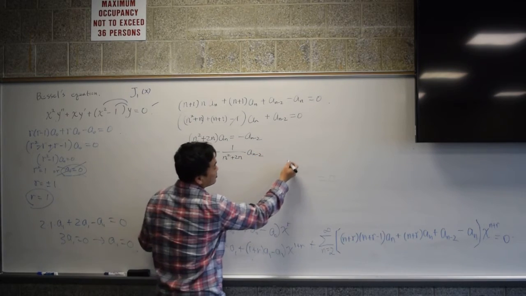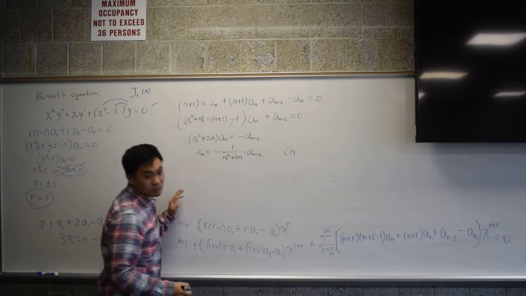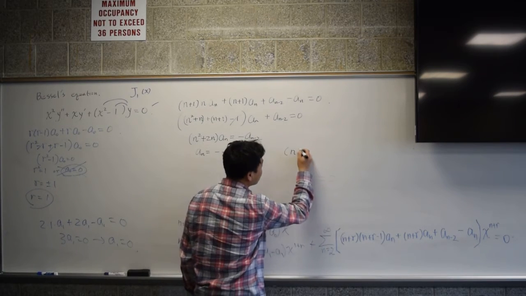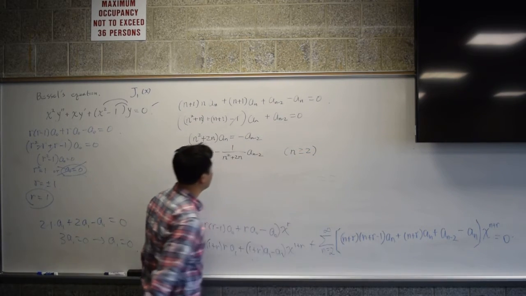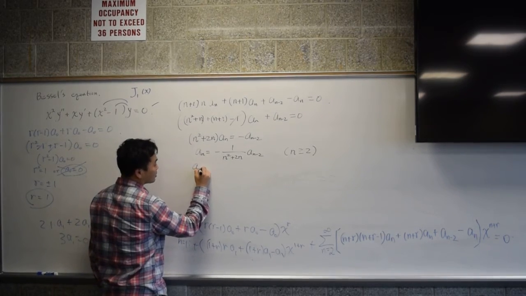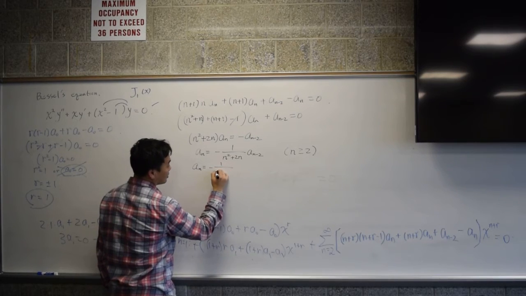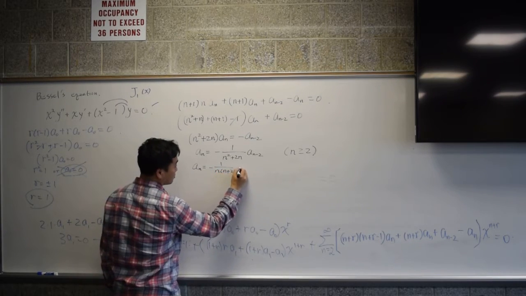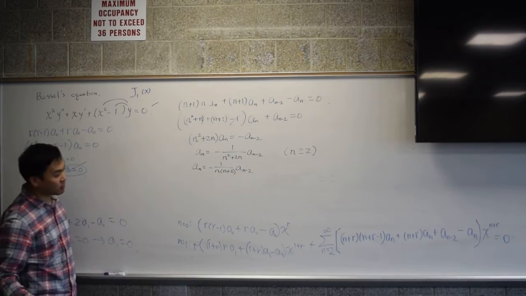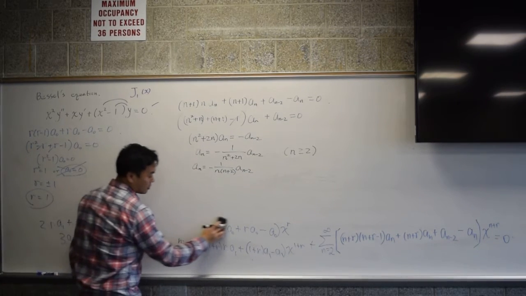By the way, when is this valid? n greater or equal to what? 2. So this starts from 2. That's what we have. And then let's further rewrite this as n times n plus 2, because that way we can figure out some pattern quickly.